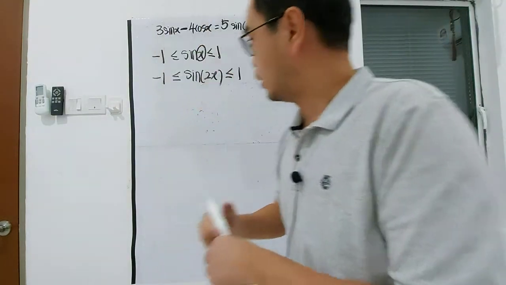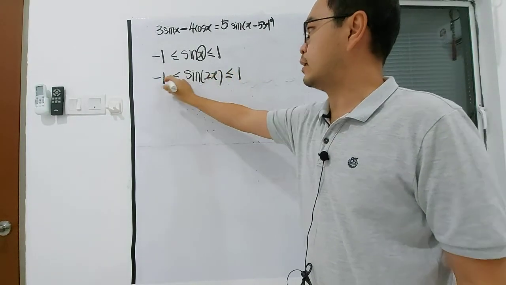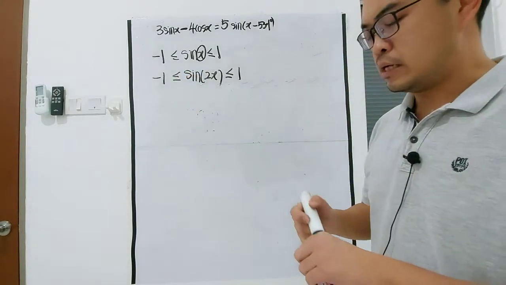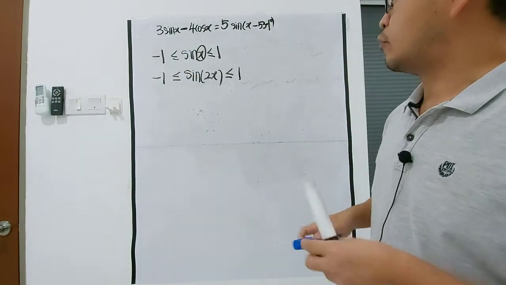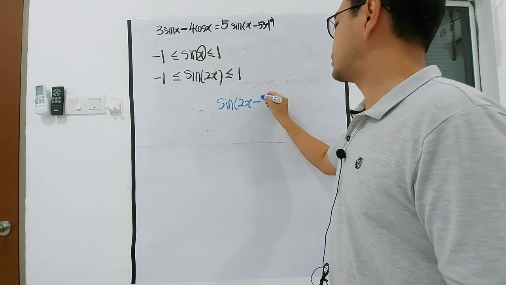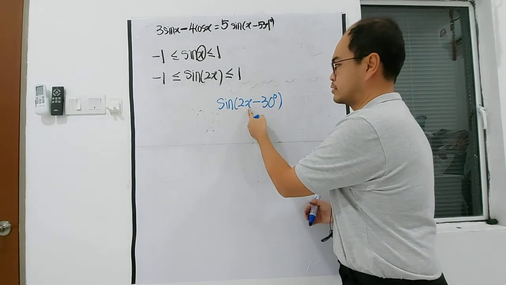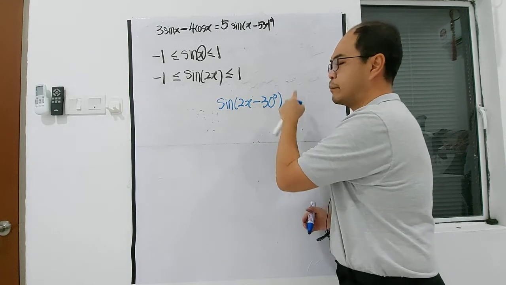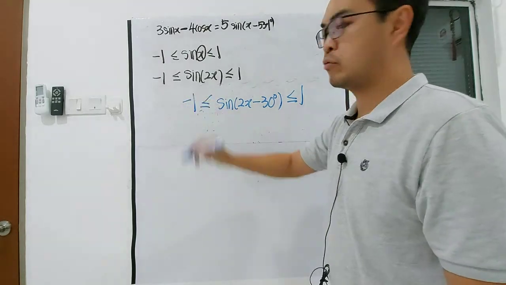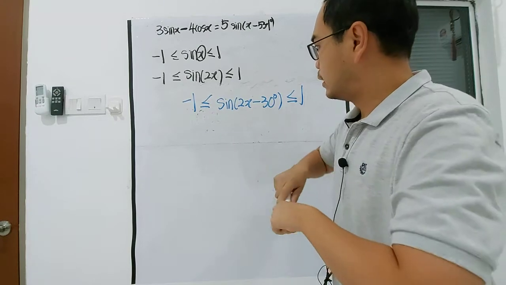Now I'm not going to elaborate. I just want to tell you that what happens inside here doesn't affect the maximum and minimum, but what happens in the amplitude here will affect the maximum and minimum value. So even though you have sine 2x minus 30 degrees, minus 100 degrees, 100x, x over 2, anything happening inside here, the maximum and minimum are always 1 and -1, except if in front here you put a value of 3.